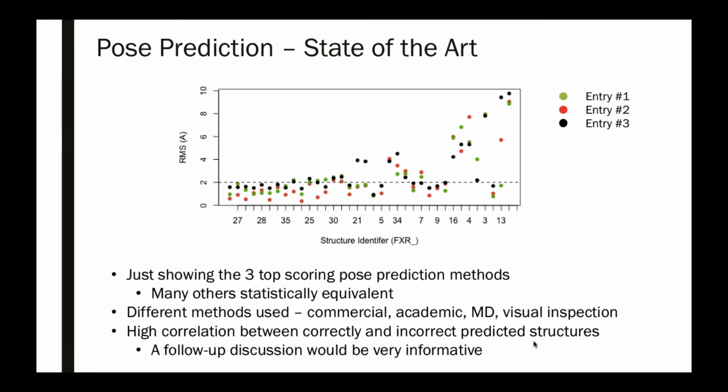The interesting thing was that there were different methods used in all 3 of these, with different degrees of rigor. Some people were just using the software out of the box, using default settings. In other cases, people were actually doing MD simulations to look at the poses, and a lot of people noted that they were doing visual inspection.